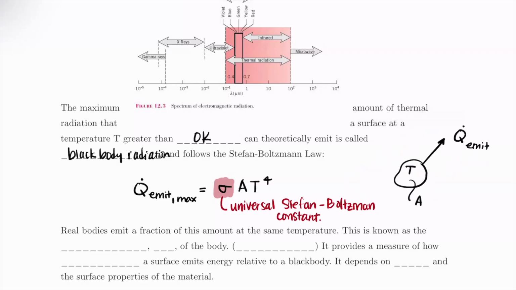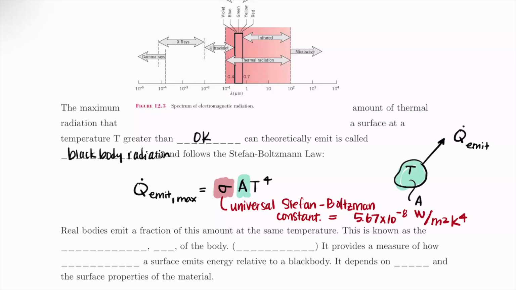And it has a constant value, which is 5.67 times 10 to the minus 8 watts per meter squared Kelvin to the fourth. Area is again the area of the body. So this area is just the area of our body, of course.